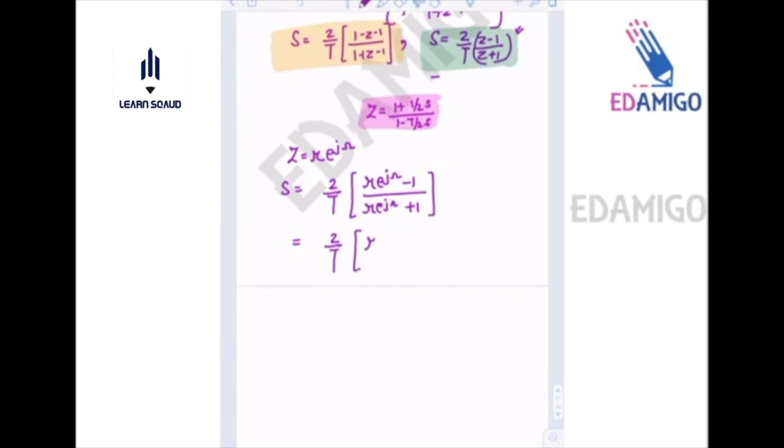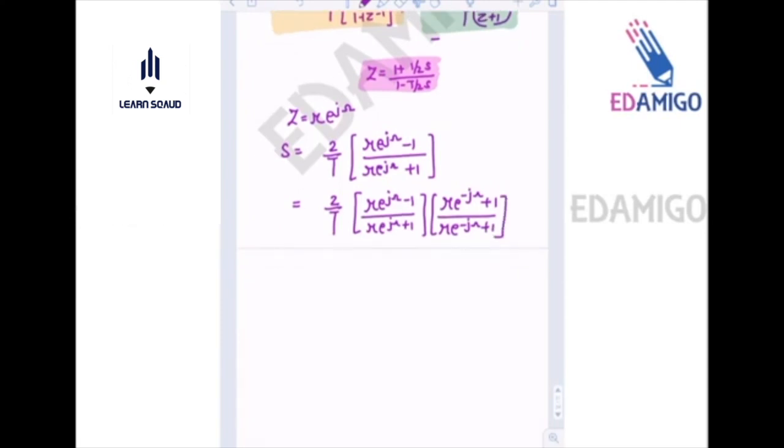Now multiplying the numerator with R e to power minus j sigma plus 1, and the denominator with R e to power minus j sigma plus 1.